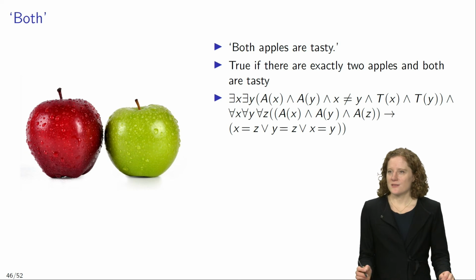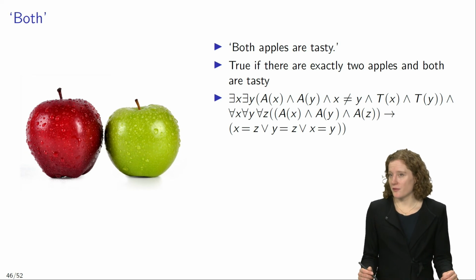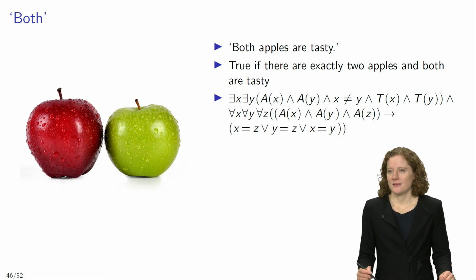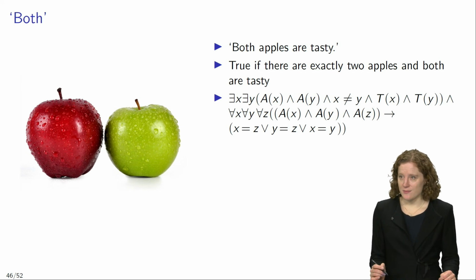Now, suppose you want to symbolize the sentence, both apples are tasty. This sentence is true if there are exactly two apples and both apples are tasty. So here's how you can symbolize the sentence.